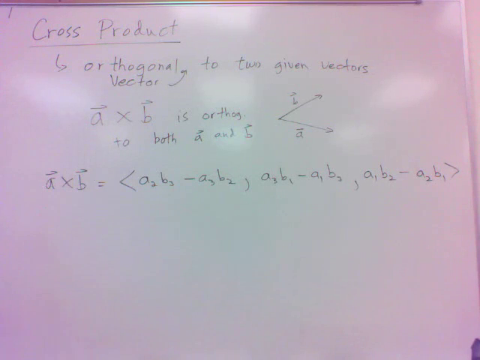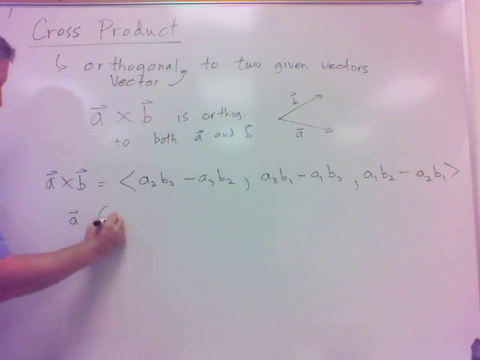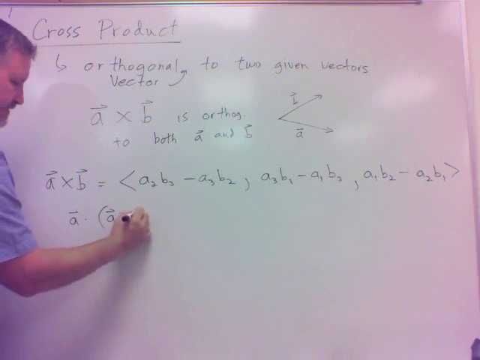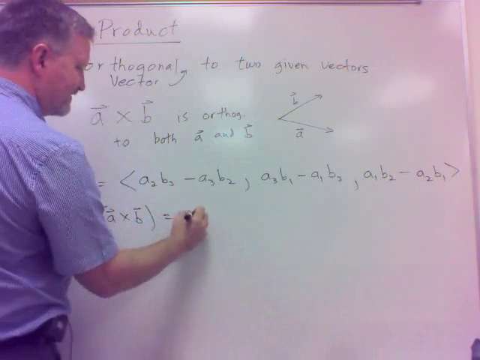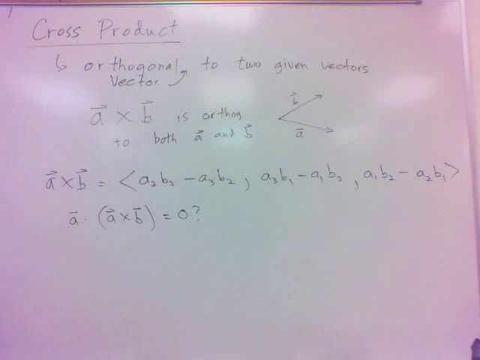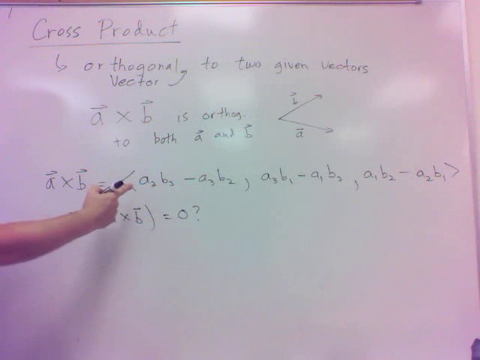Well, we know when we dot product two vectors and the dot product is 0, they're perpendicular. So if we dot product A with the cross product, we should get 0, right? And do that with B, it should be 0 here. And that's not too bad. I didn't write A and B down, but A and B are just the standard A1, A2, A3.